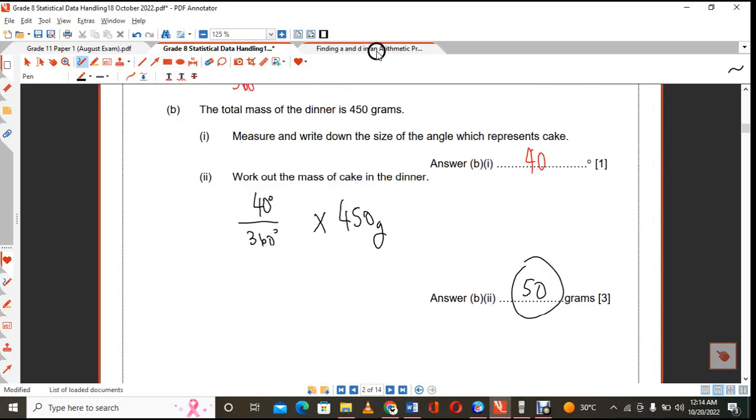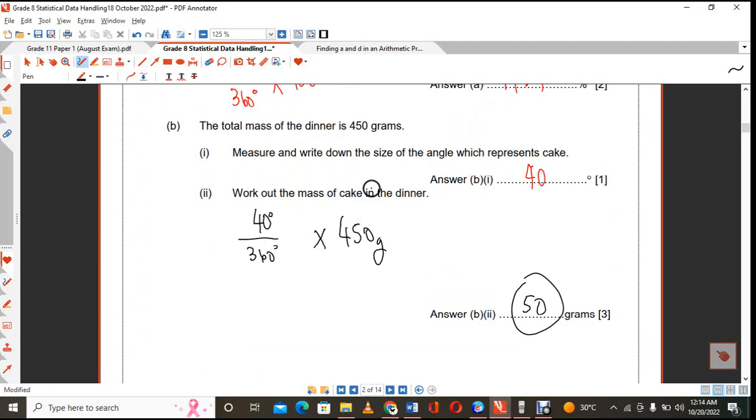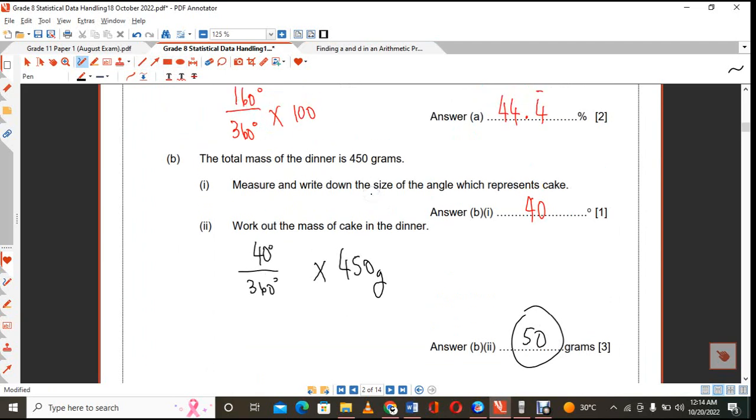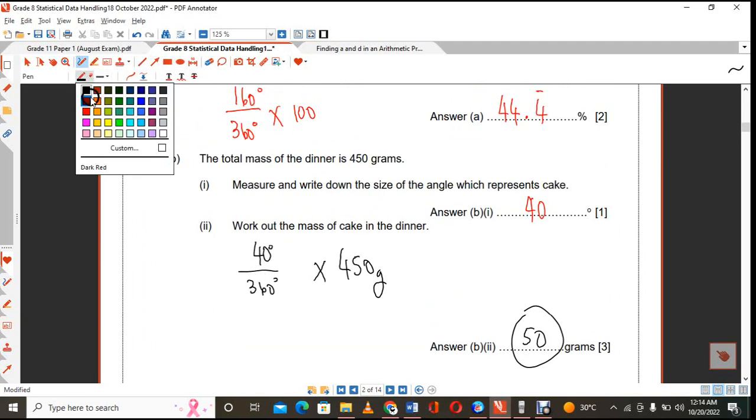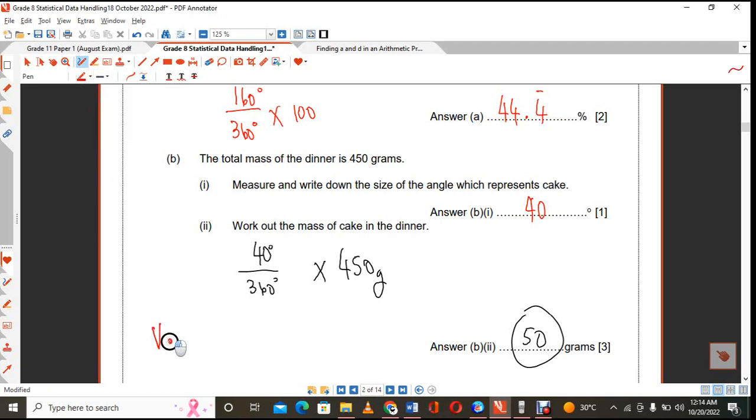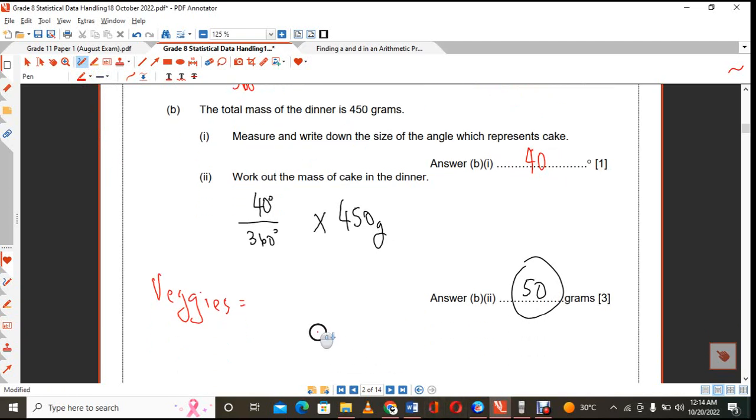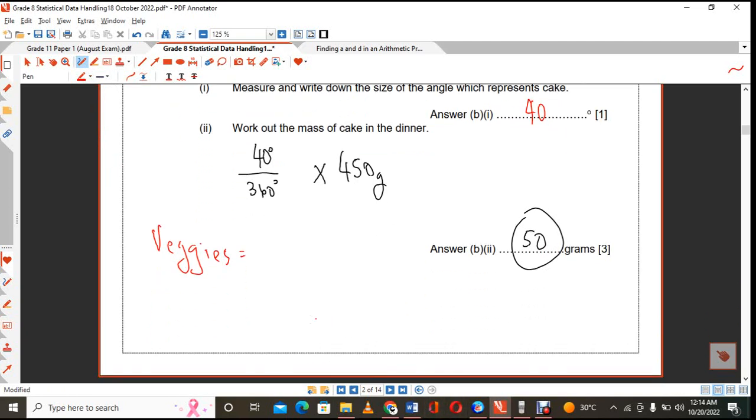We're going to calculate, because we have cake, we don't have the veggies, we don't have fruit, and we don't have meat. The cake is okay. We already got the cake. Cake is here. Cake is 50.